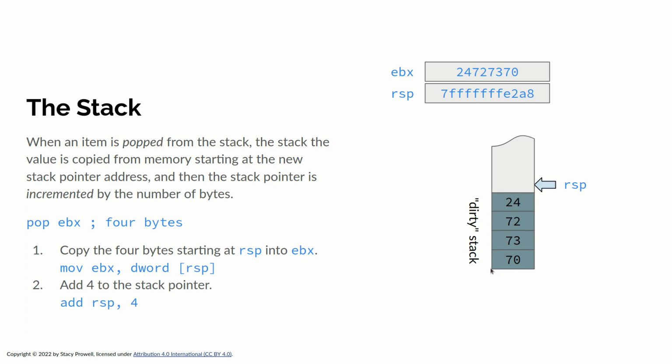I leave this here to point out that these bytes are still here. They didn't go away. If I subtracted 4 from RSP, they would be live on the stack again, but it doesn't matter whether they're live on the stack or not. This is just memory, and I can reference it. I can say, RSP, go get me the dword at RSP minus 4, and that would return this value.